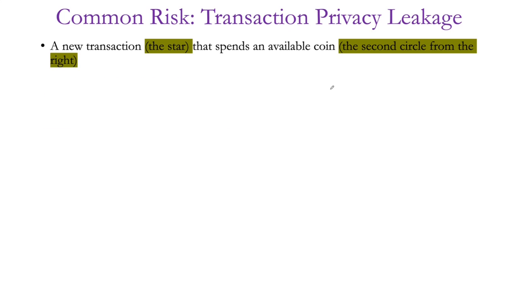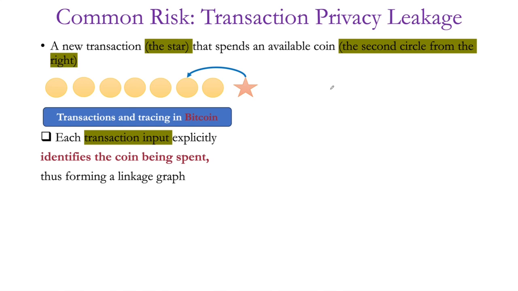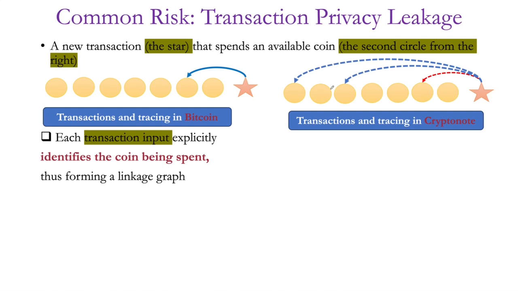Since users use their private keys for these transactions, each transaction input explicitly identifies the coin being spent, thus forming a linkage gap.